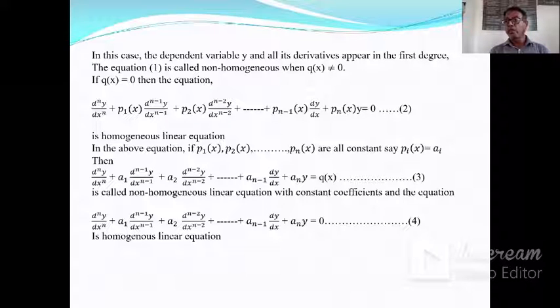The name is longer. See, this equation number 3 is called an nth order non-homogeneous linear differential equation with constant coefficient.